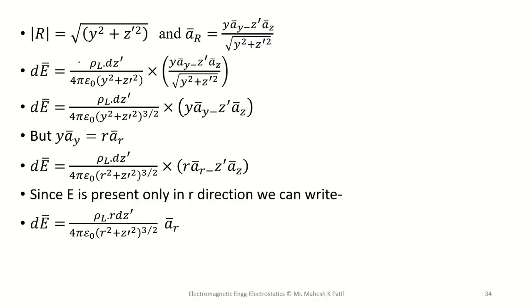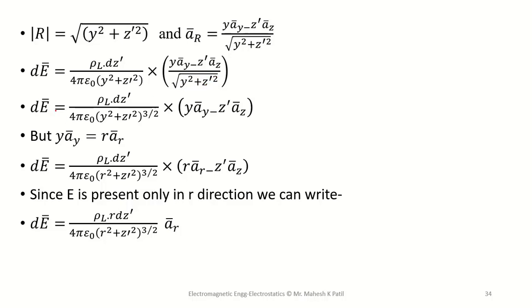Now put all these values in that equation. So dE equal to, now dQ will be rho l dz dash. So rho l dz dash upon 4 pi epsilon naught r square, so it will be y square plus z dash square, into unit vector a r, that is y a y bar minus z dash a z bar upon square root of y square plus z dash square.